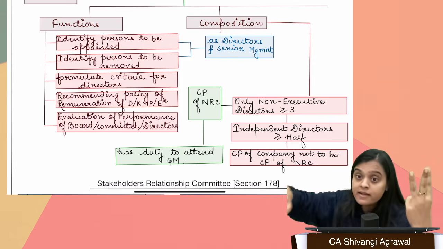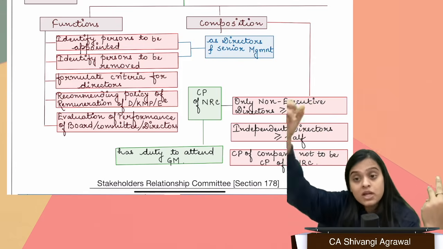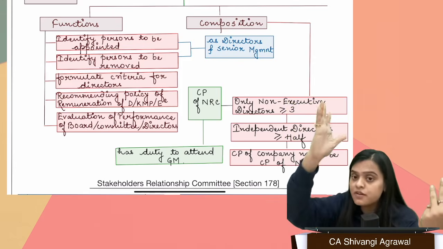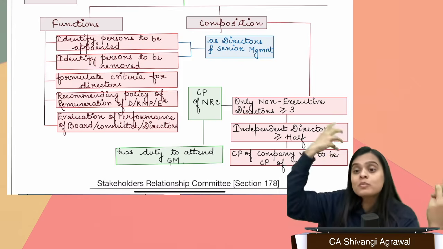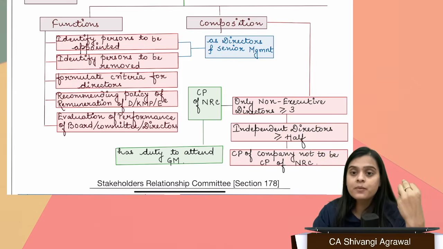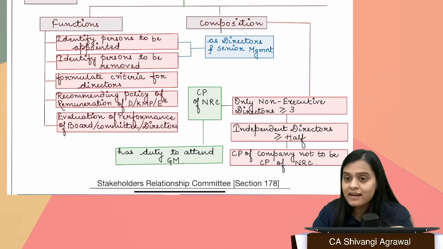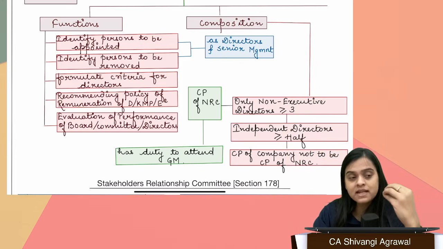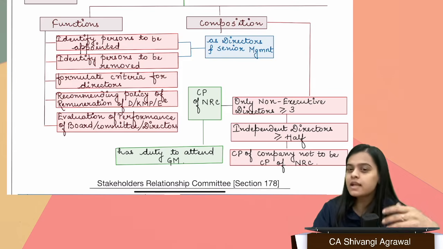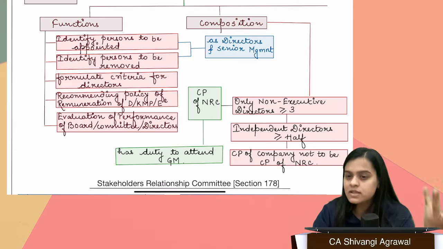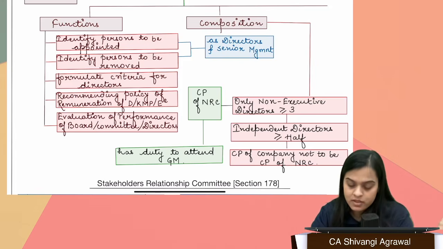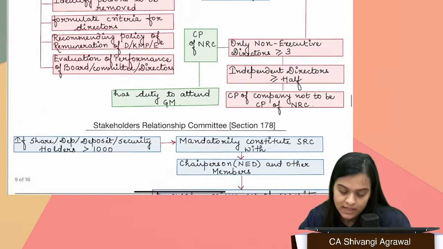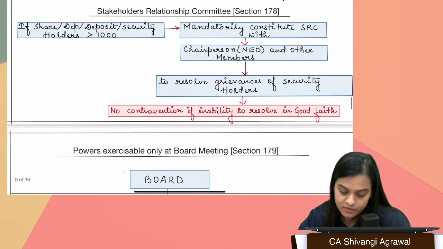You evaluate how the board is functioning, how the committees are functioning, how the directors are functioning, right? You also tell who should be removed, who should be appointed. You formulate that entire criteria of what we should see in an independent director, right? The policy, the remuneration policy. So you help in that formulation. Okay, so you recommend that. All that has to be taken care of.